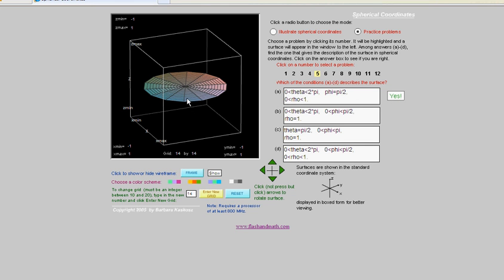Theta is equal to 2 pi, so we have a complete circle, we have a disk, and yes, it is the correct answer. Okay, try some of these on your own. I find them challenging at first, but you'll really gain some confidence in picturing things 3-dimensionally.